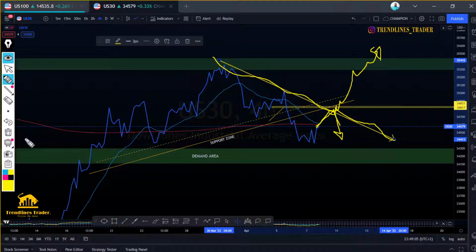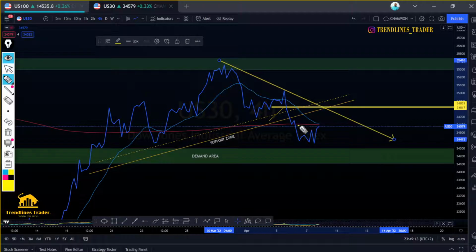But one thing I want you to be more careful about is that the price seems like it's forming a bearish flag. I hope you are able to see this.